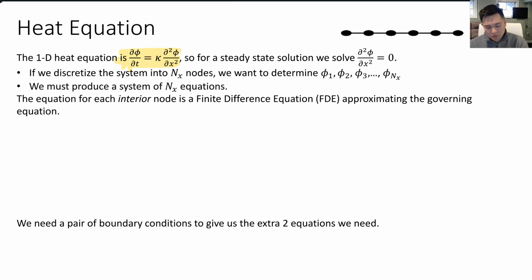If we make the approximation that our solution is steady state, though, this allows us to assume that things are not changing with time, so that our d phi dt is equal to 0. Then our system reduces to just d squared phi dx squared is equal to 0, because we can divide both sides by our diffusivity coefficient kappa. Okay? So this is now the governing equation for the steady state heat equation.